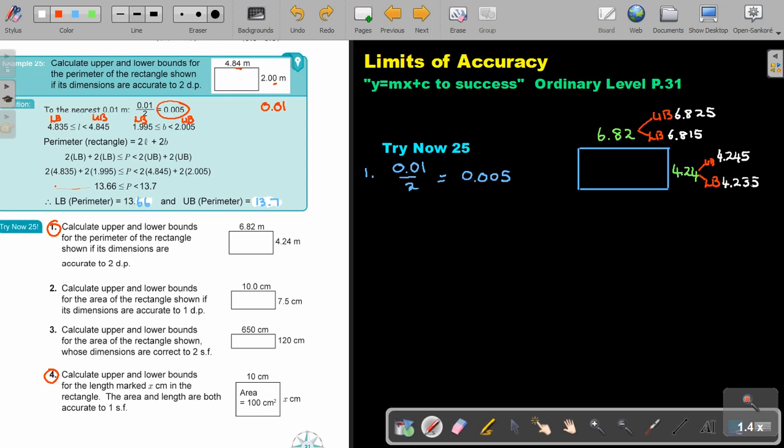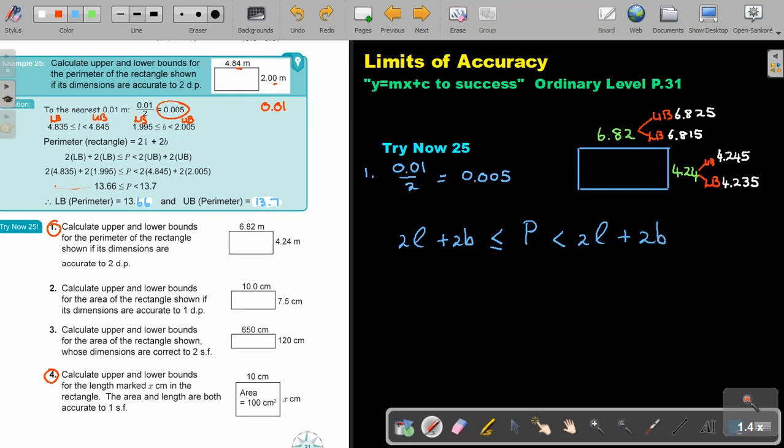Okay, and now I'm just going to do the calculation. Remember, it's perimeter. So again, it will be 2 length plus 2 breadth.